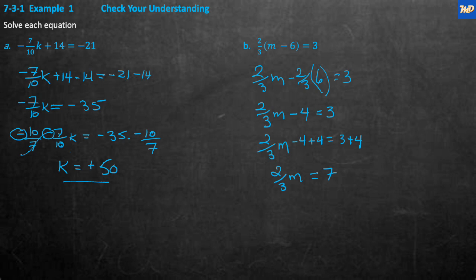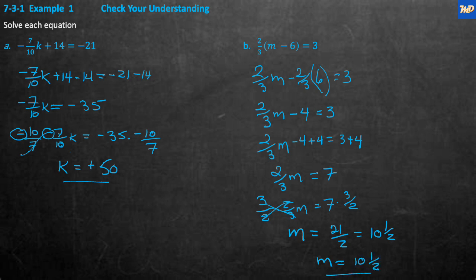So we're going to say 3 halves times 2/3 m is equal to 7 times 3 halves. So these cancel, and we're left with m is equal to 7 times 3, which is 21 divided by 2. And that equals 10 1/2. So m is equal to 10 1/2.